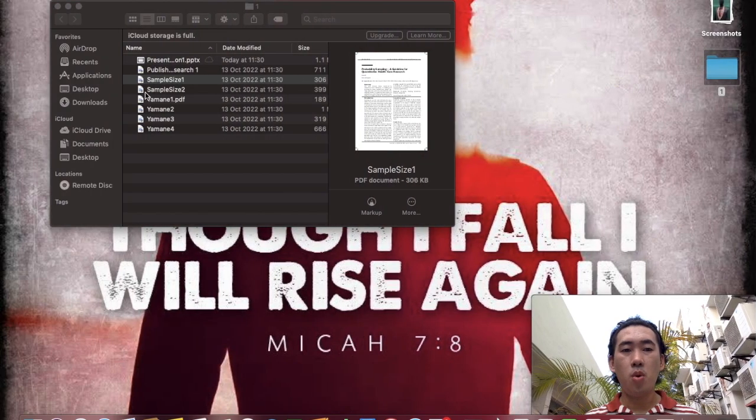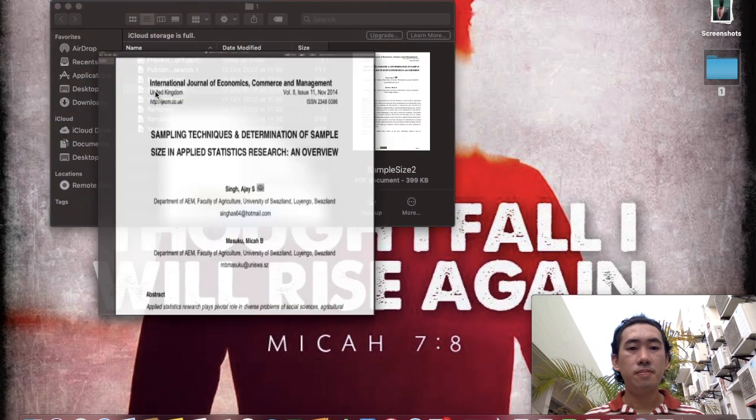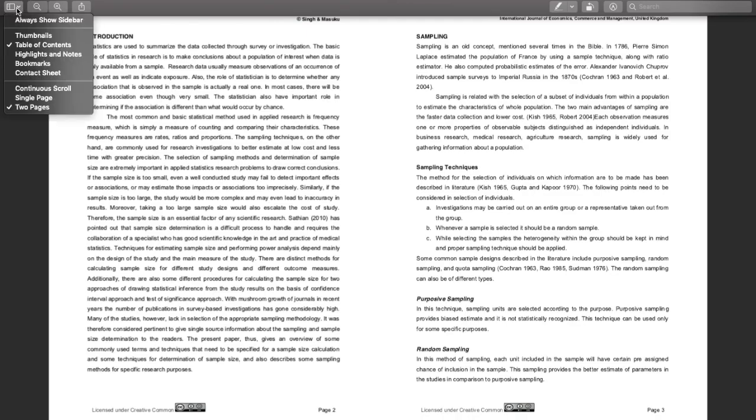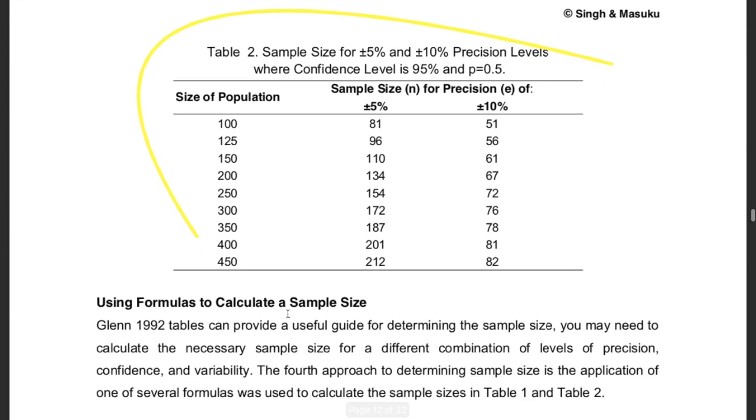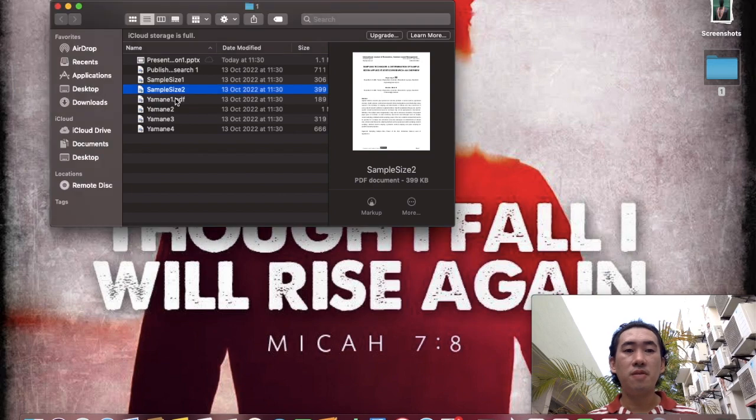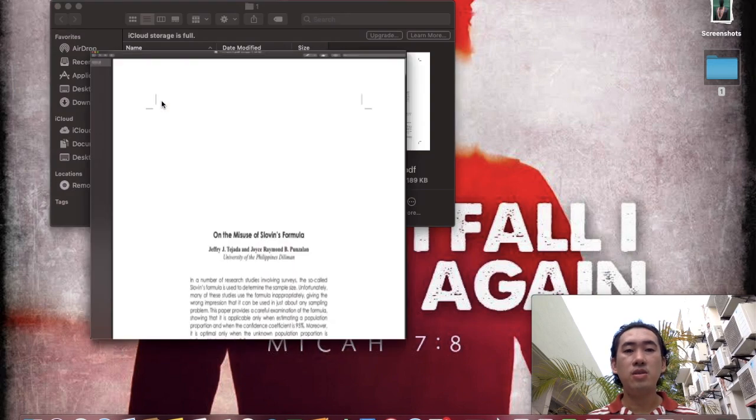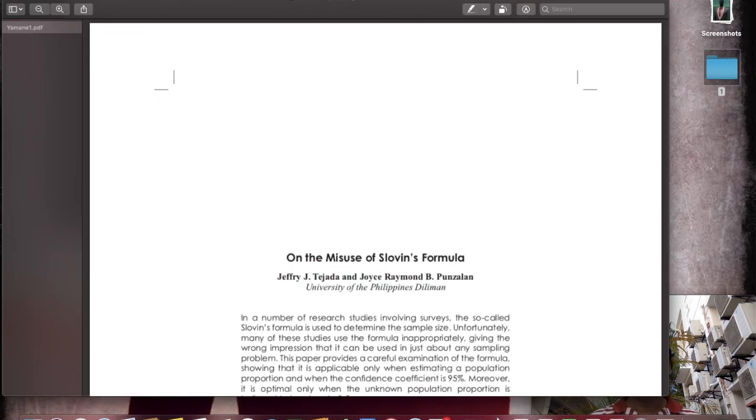Another support to this is this one. Here, this journal or article talks of 100 as the minimum size of your population in order for us to use the formula.